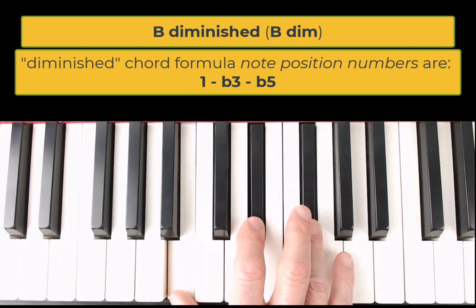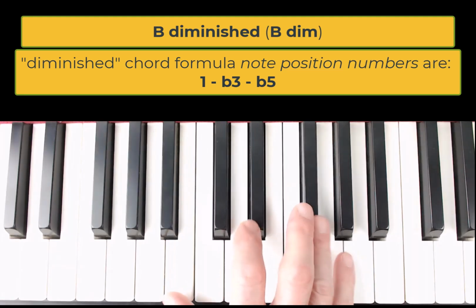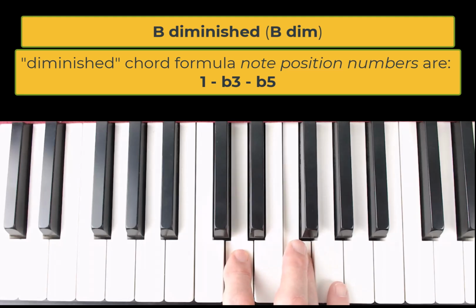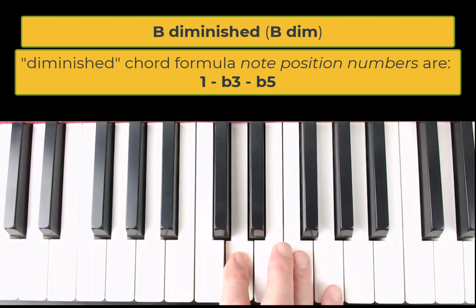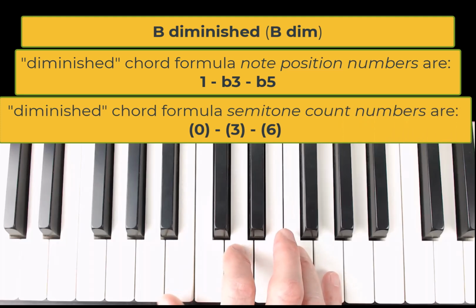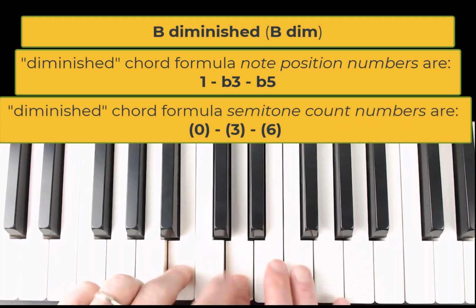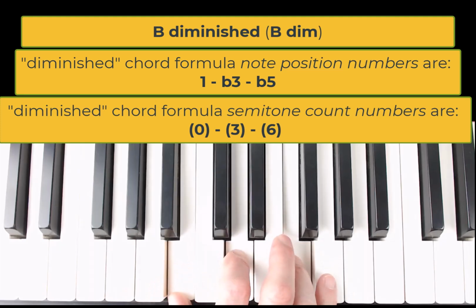So to get that from the regular B chord, we lower the second note and the third note down 1. So this would be the 1 note position number, flat 3, and flat 5. In my world of semitone counting, I'm going to call it 0, 3, 6: 0, 1, 2, 3, 4, 5, 6. So that would be a B diminished chord.